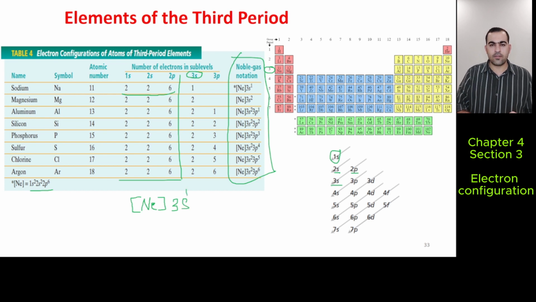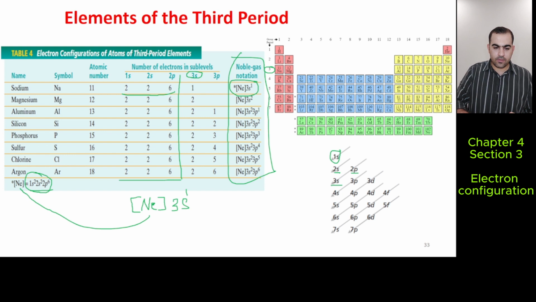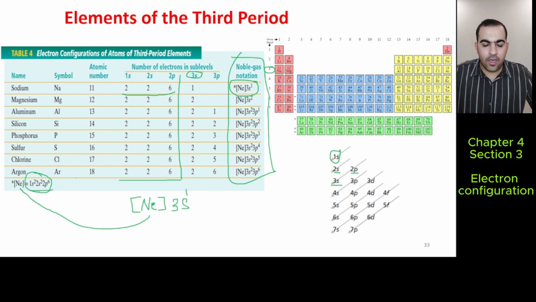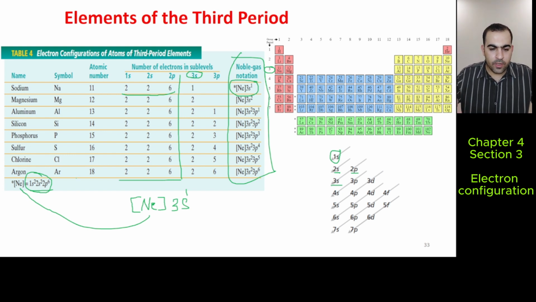So that's it, easy: Ne 3s1. The neon symbol in a bracket represents 1s2, 2s2, 2p6, because in the elements of the third period, their first 10 electrons are the same electron configuration as neon.